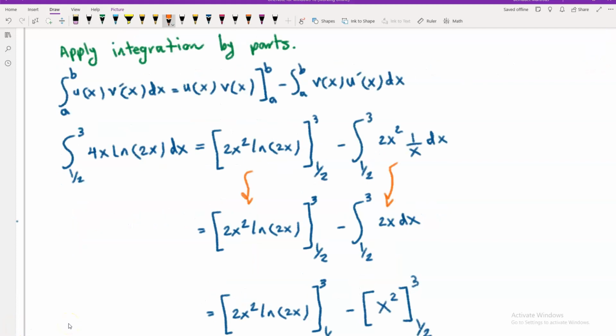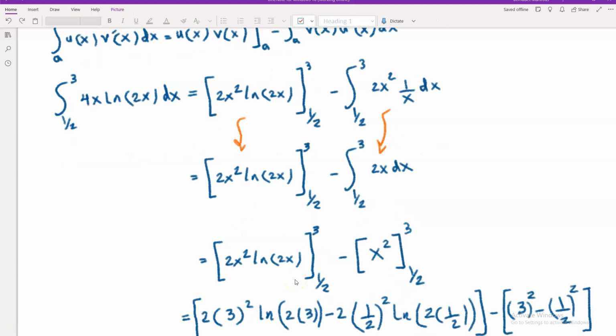The integral of what we have here is x squared. So adding to the power that we have here, 1 plus 1 is 2. Divide by the same number, so 2 divided by 2 is 1 times x squared. This is what we have here on this part.